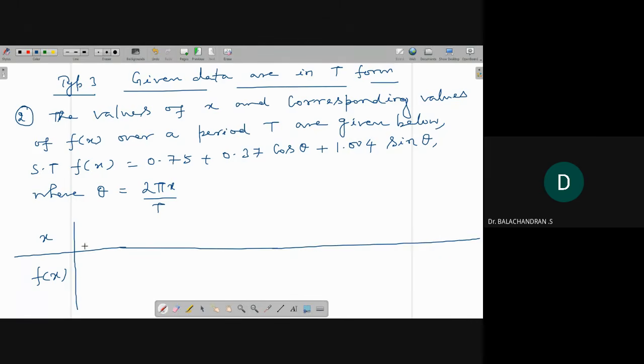Using the values of x only, I classify the type. The previous column, x values are in degree.